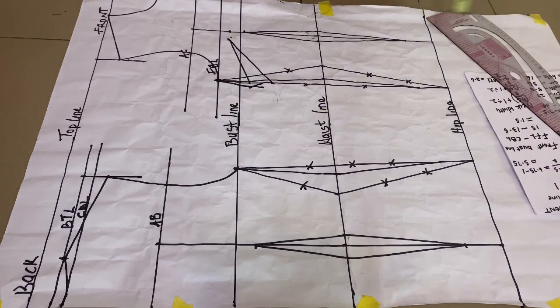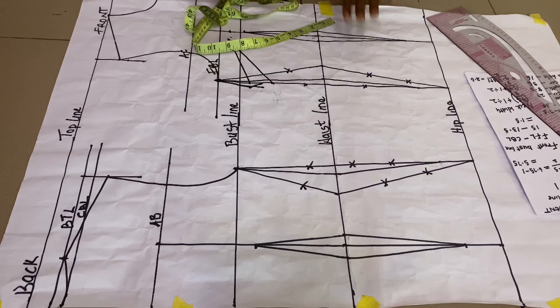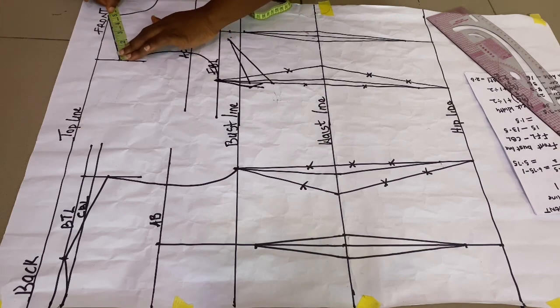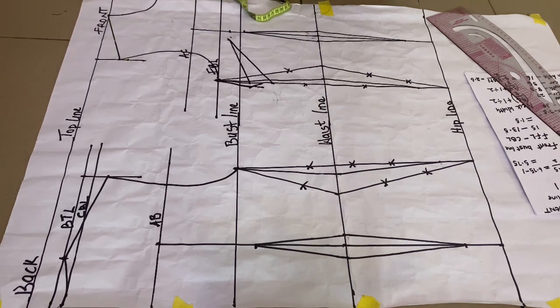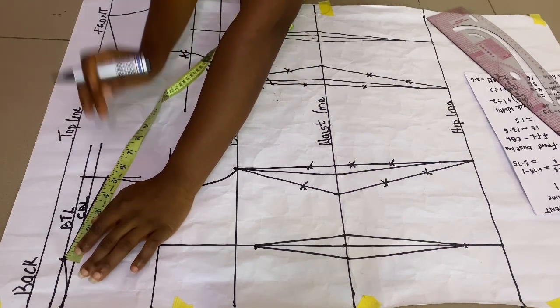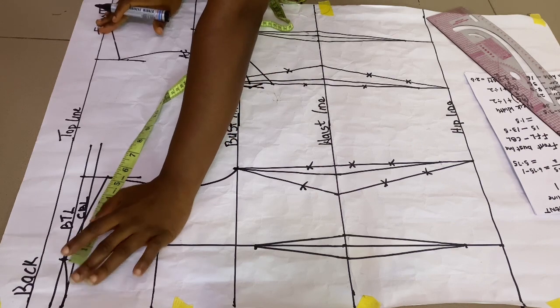Another important thing after drafting is to check if your measurements are correct. The first measurement we'll be checking is the shoulder measurement. The shoulder in the front is 5 inches. I'll also compare it to the shoulder at the back, and I'm also having 5 inches, which means the two shoulders are balanced.